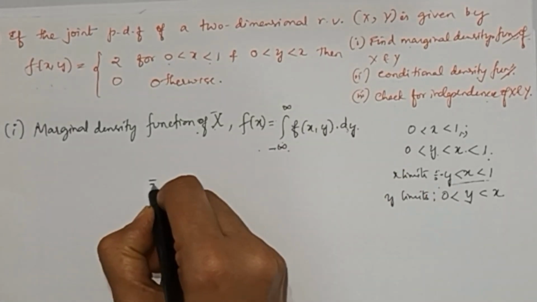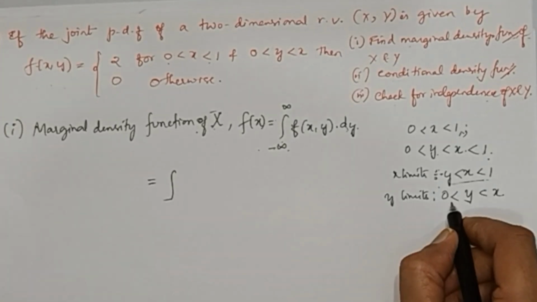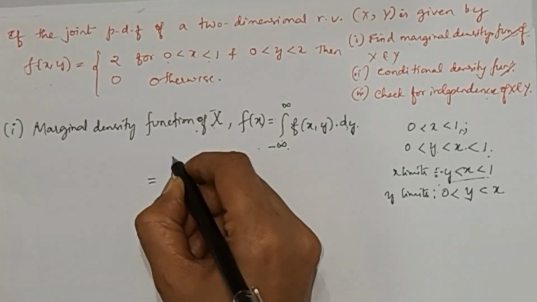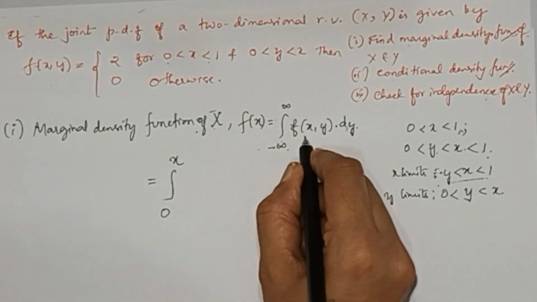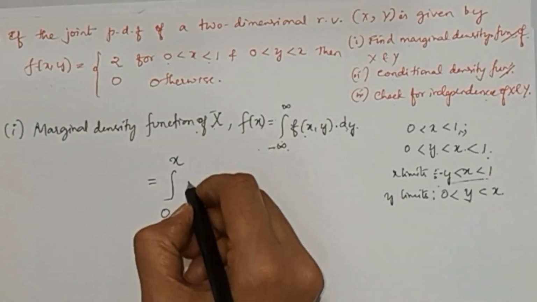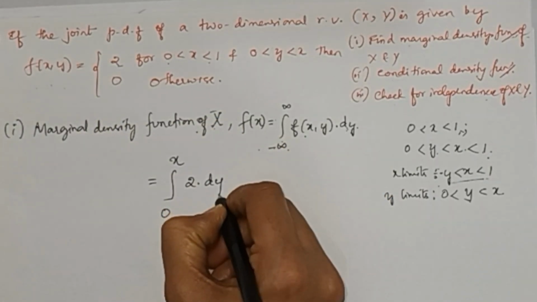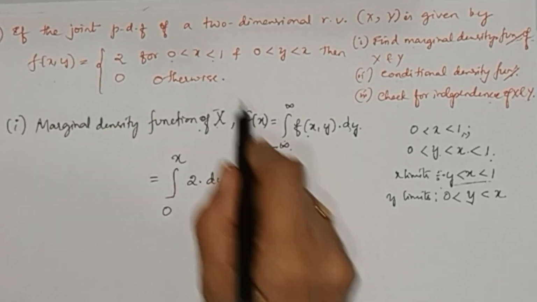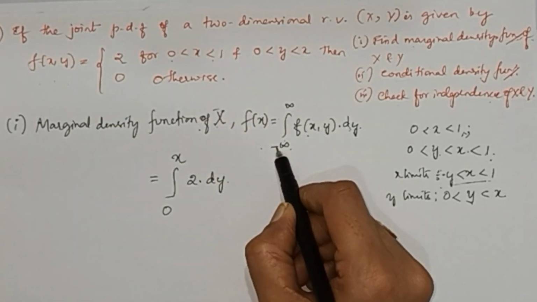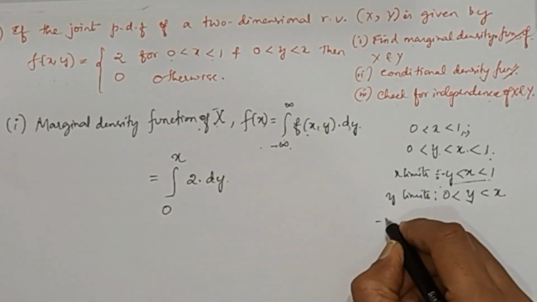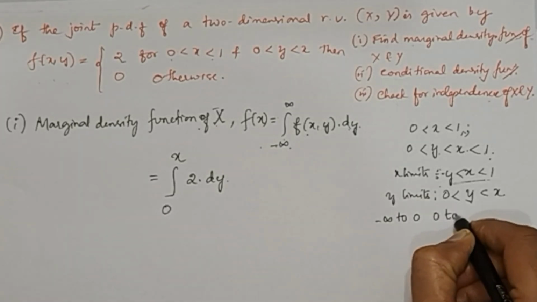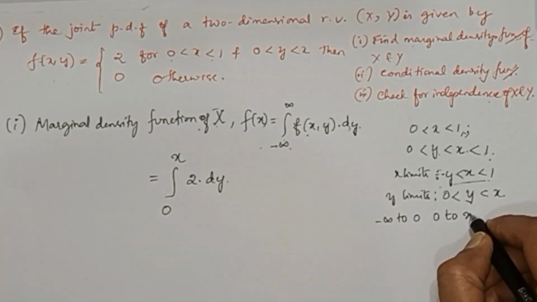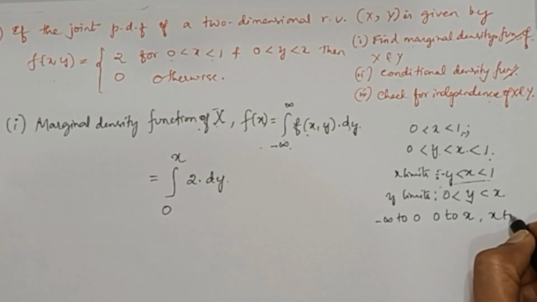So this is equal to, the y limits are now 0 to x. I'll write directly here, and the function you have to take is 2, with dy. Other values I have not taken. It is from minus infinity to infinity, meaning minus infinity to 0, then 0 to x, then x to plus infinity.